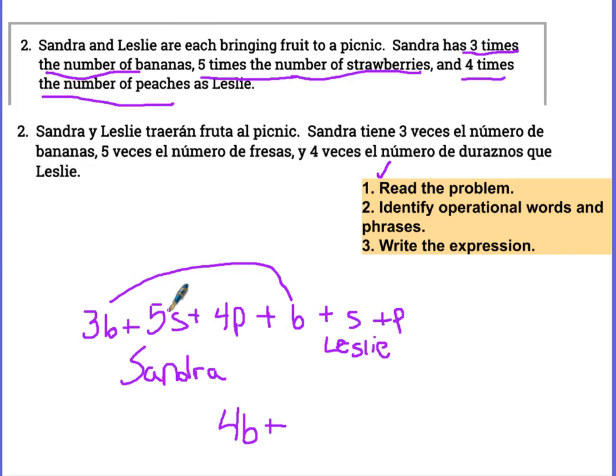So if I have 5 times for Sandra and Leslie brought some strawberries, it's going to be 6 times S plus peaches, 4 times the number of peaches, plus what Leslie brought. So I'm going to have 5 times P. And again, I combined my coefficients. There's a coefficient of 1. There's a coefficient of 1. There's a coefficient of 1. And I just added my coefficients to get the total all together.